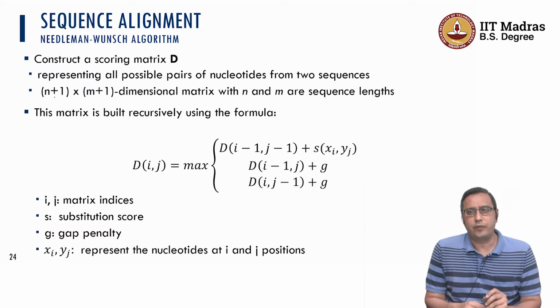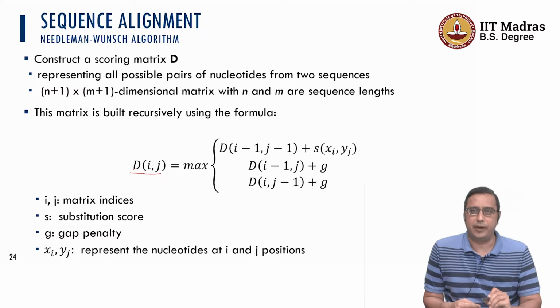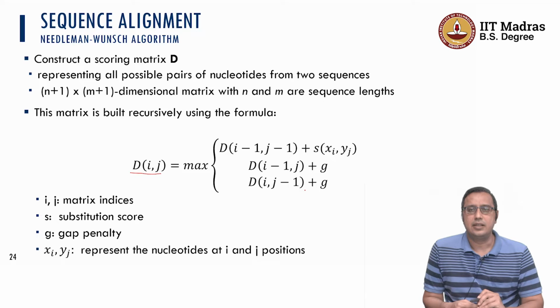The elements, or different cells, of this matrix are constructed recursively using this formula. A D(i,j) element of this matrix, where i and j are indices, is constructed as the maximum of these three equations.